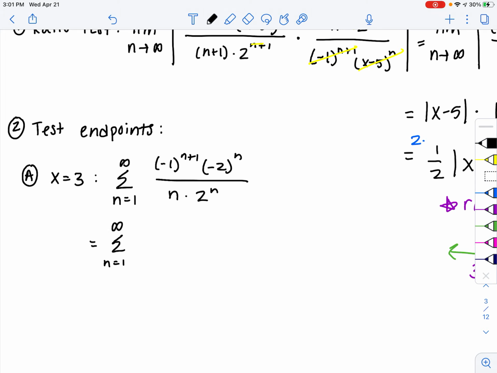So negative 2 to the n, I can rewrite that as negative 1 to the n times 2 to the n. So if I do that, my 2 to the n's cancel out, and I'm going to add another n over here. So I'm going to get negative 1 to the n plus the 2n plus 1 all over n.